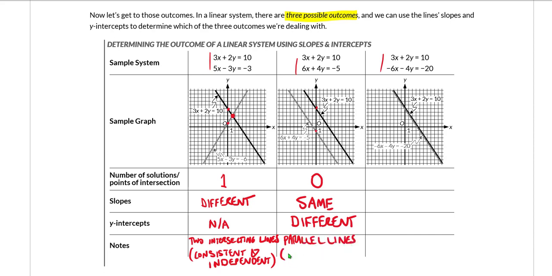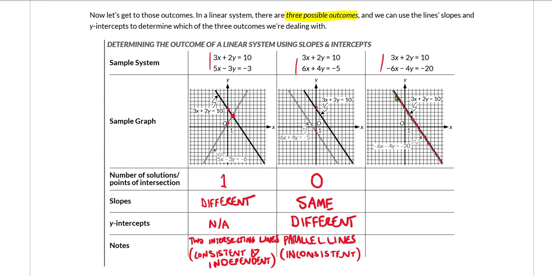When we have a system that has no solutions, we refer to that system as inconsistent. Again, probably are not going to see that terminology, throwing it out there just in case. Finally, we have this third system over here on the right, this third possible outcome where every single point along one of these lines or the other is going to satisfy the system because these 2 lines are exactly the same.